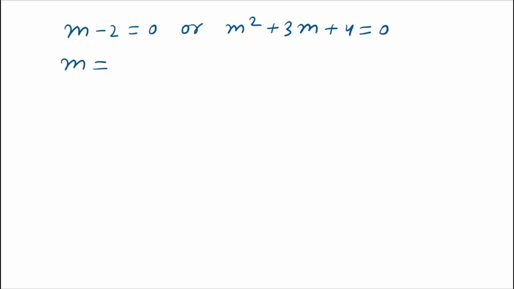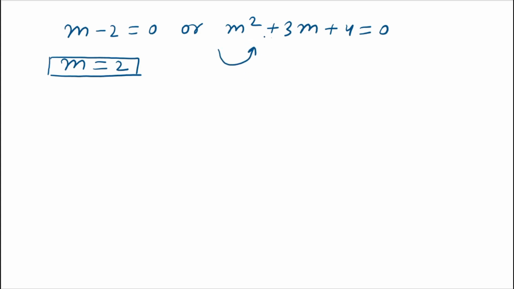So m minus 2 equals 0, or m square plus 3m plus 4 equals 0. Here the value of m is 2. Here we will talk about only real solutions.